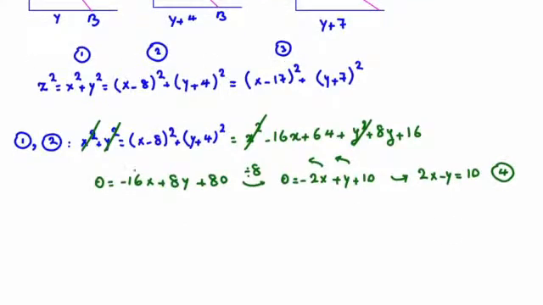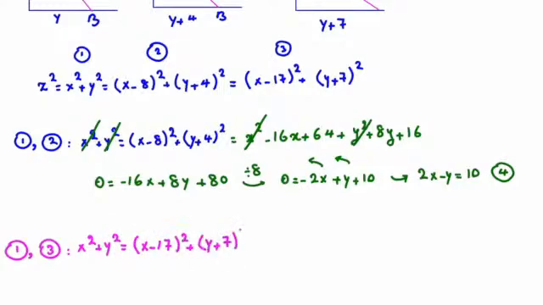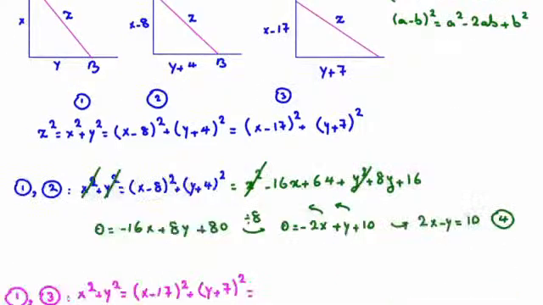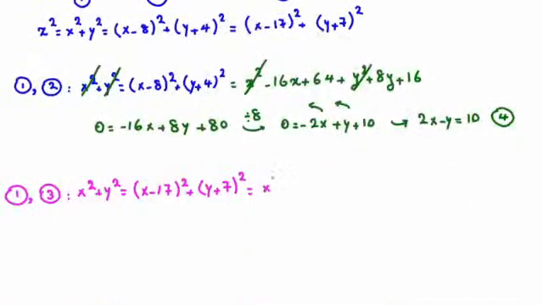Now I consider first one and third one here. If I consider first one and third one, x squared plus y squared equals x minus 17 squared plus y plus 7 whole squared. Again, if we use our identities here, the first one is x squared minus 2 times 17 times x, minus 34x plus 289.